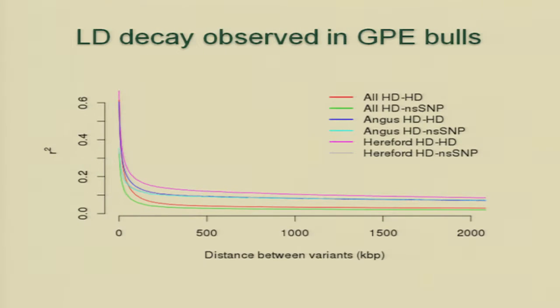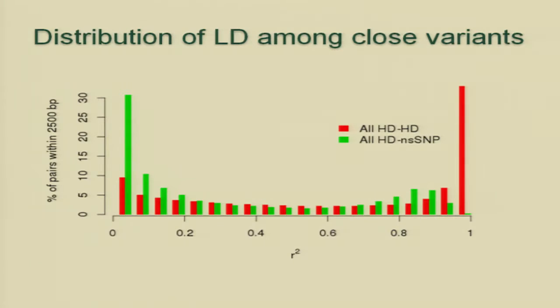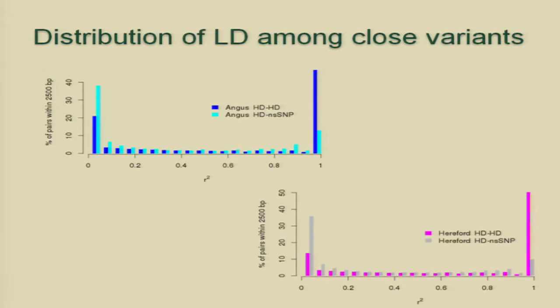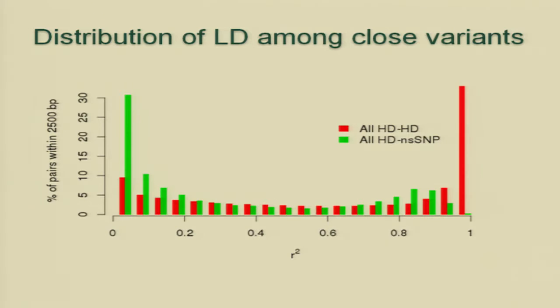But what's really interesting, at least to me, was the distribution. These represent means within an interval, but here we're looking at the distribution of LD values within the interval. In this case, we're looking at SNP that are separated by less than 2,500 base pairs. In the high density, most of what we see are imperfect LD, and there are a few that have no LD and not much in between.